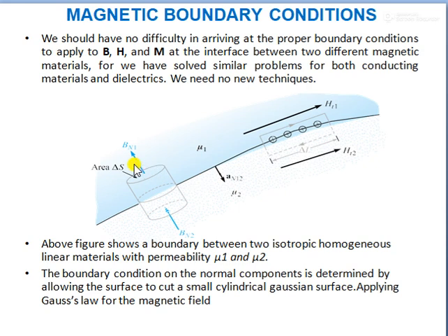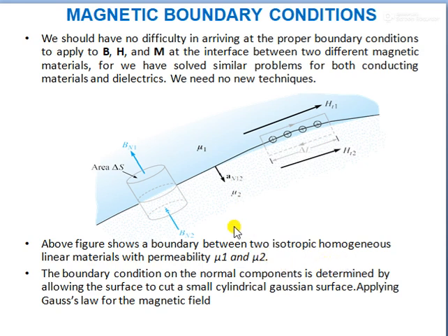Now consider a boundary between two isotropic homogeneous linear materials with different permeabilities mu1, mu2. This figure shows the boundary between two isotropic homogeneous media.